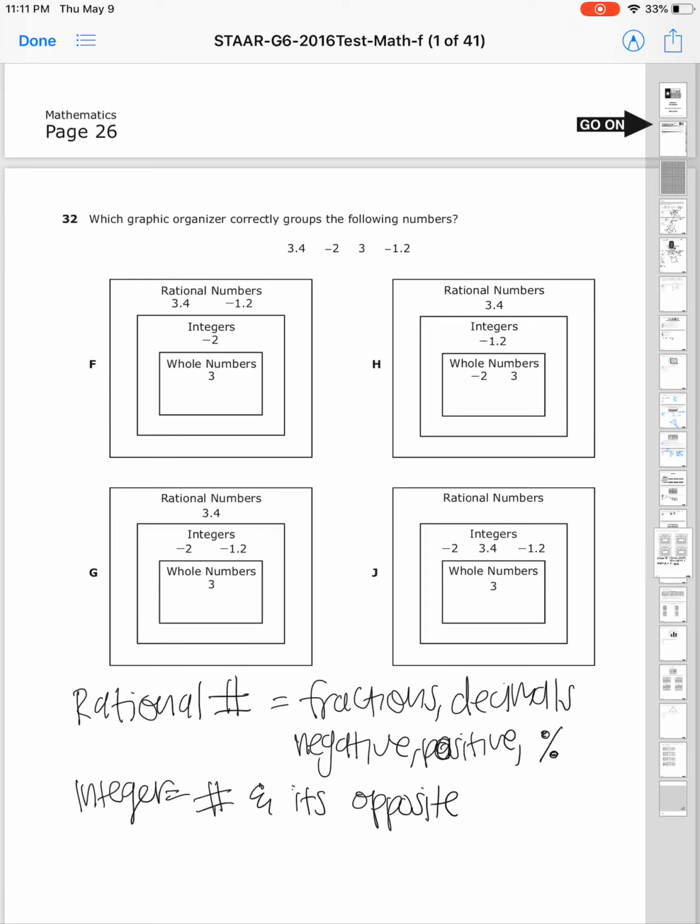Okay, but 3.4 is not an integer because it has a decimal, right? -1.2 is not an integer because it has a decimal. So if I'm looking here, I need to see where 3.4 and 1.2 are in the rational number box, and the only one is F.